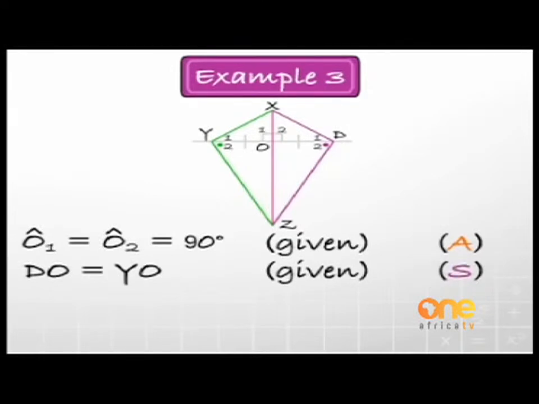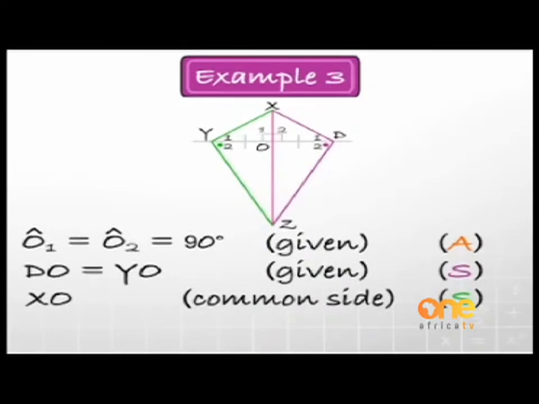And last but not least, we know that XO is a common side of the triangle, which means that for triangle XOY and XOD, XO is obviously the same in magnitude. Also, if you look at angles O1 and O2, they are actually included angles.